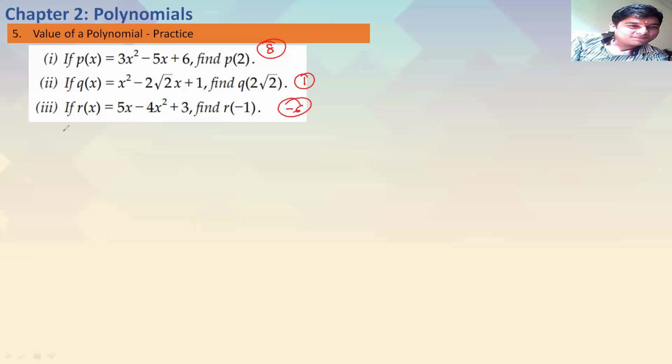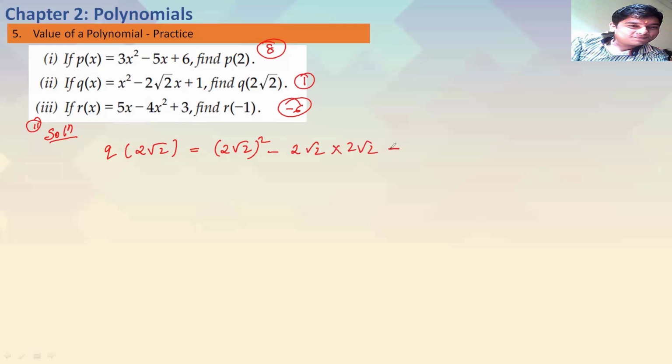Did you write in a proper format? I'll just show you one of them. For instance, number 2. You've got to write like this: input 2 root 2 as the value, 2 root 2 squared minus 2 root 2 times... Did you write this way?